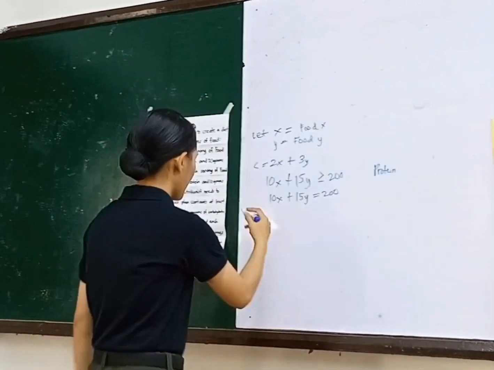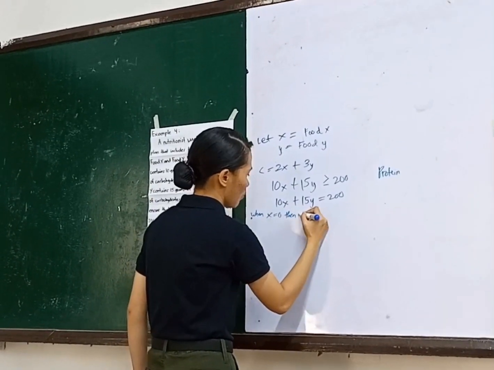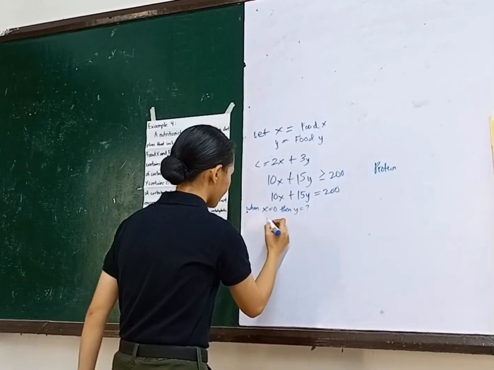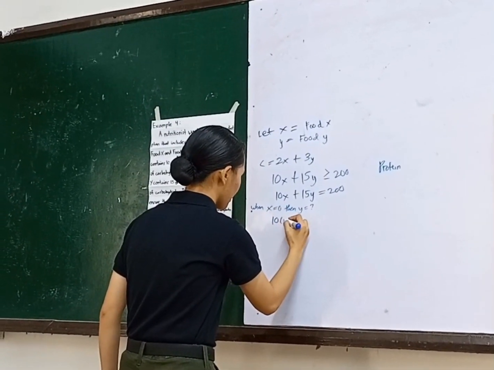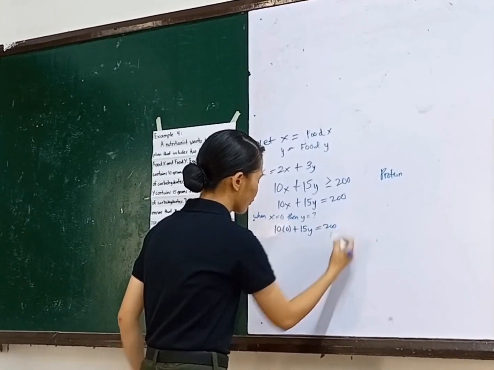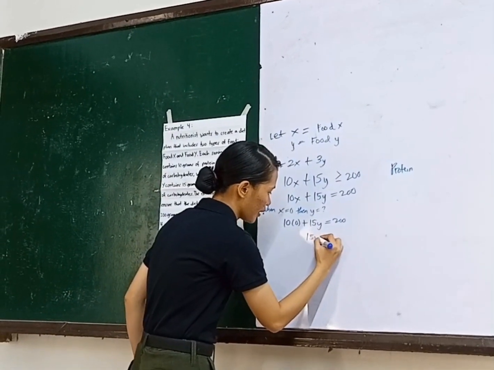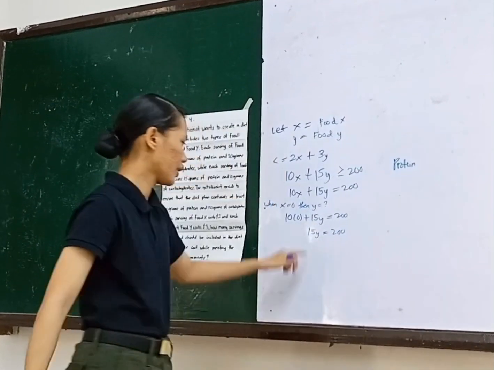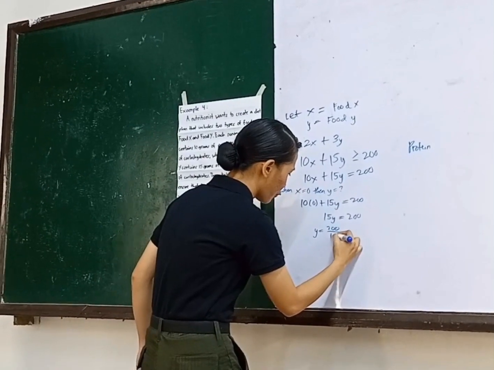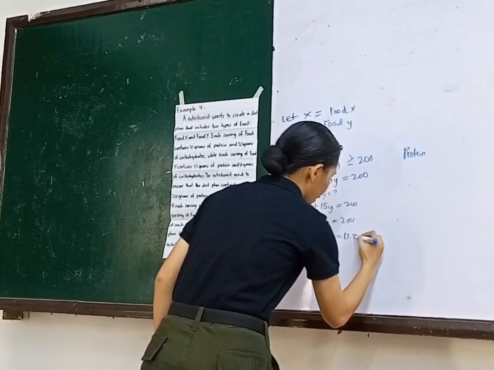And then when x equals 0, then y equals unknown. So 10 times 0 plus 15y equals 200. So 15y equals 200. And then we divide: y equals 200 divided by 15, which is 13.33.